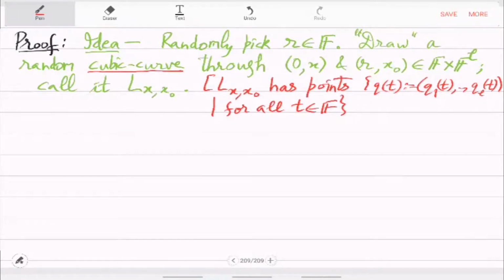It is in the space F to the L. So q0 is basically the point x and qr is the point x0, that is the meaning. So it is a subset of F to the L and the qi's are cubics.